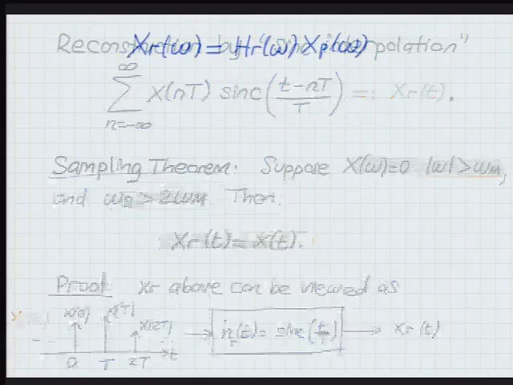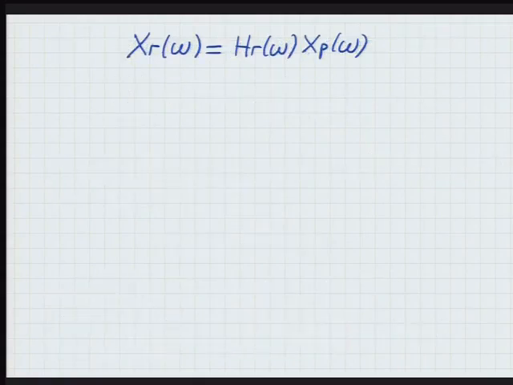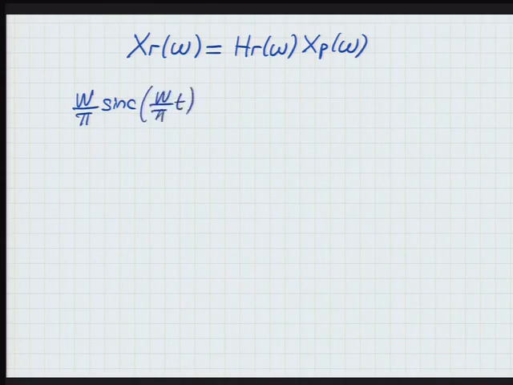One thing you should not forget, at least until after the final, is that if you have omega_W by pi times sinc of omega_W by pi t, the Fourier transform of this guy is 1 until what frequency?